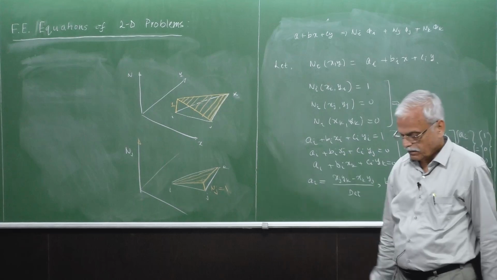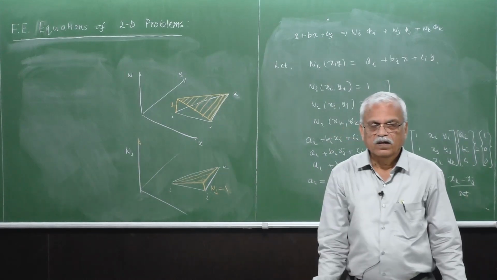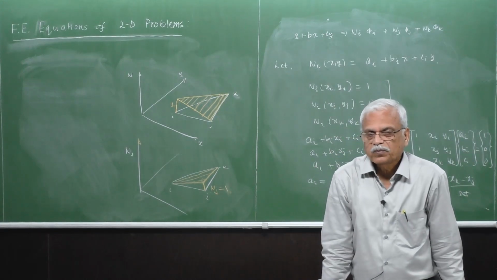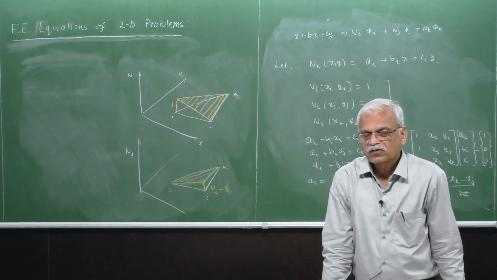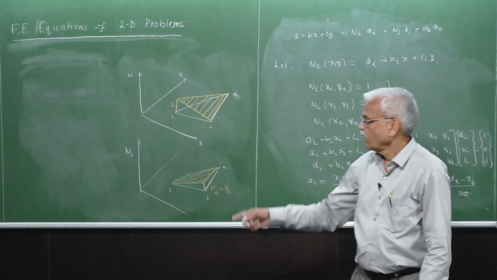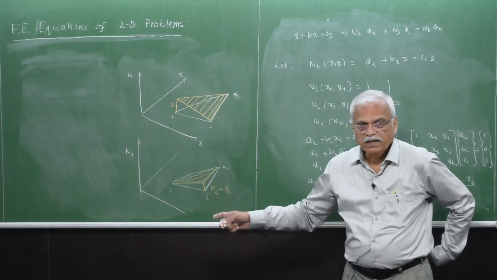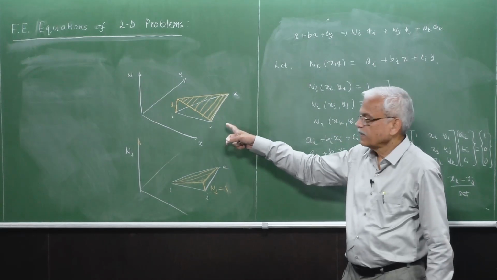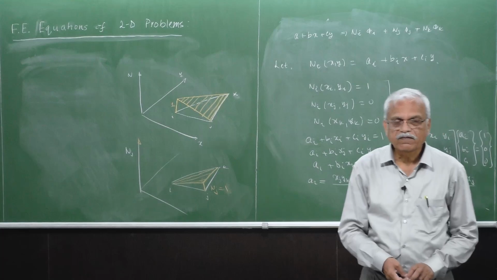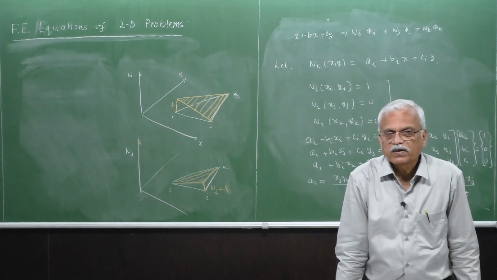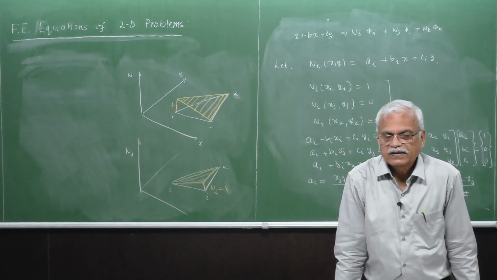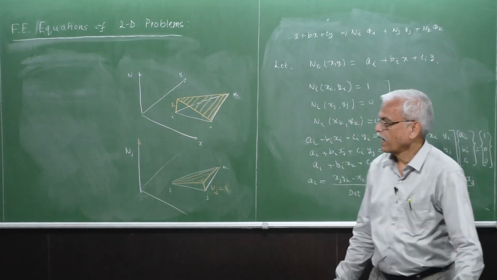So what is that which we observe here? The shape function will have the expression ai plus bi x plus ci y and maybe more terms. But the important thing here is that the shape function will have a value of 1 corresponding to that node and 0 at other nodes, right?